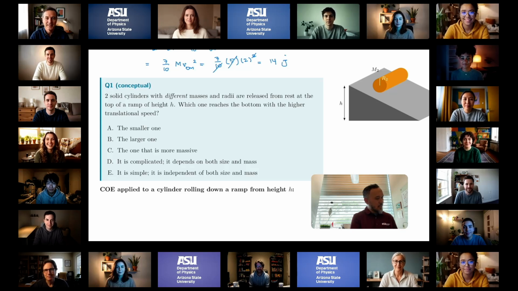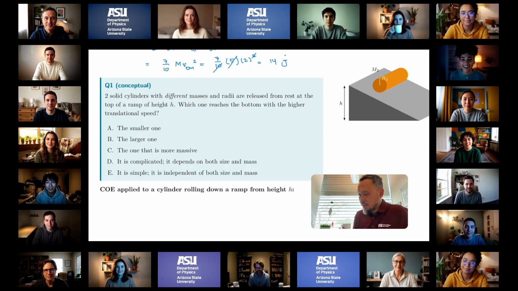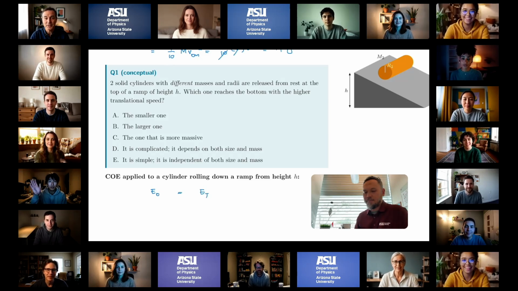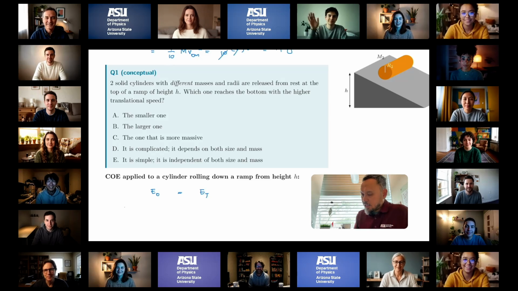We can use center of mass. We can use conservation of energy. Basically, conservation of energy says that the initial energy equals the final energy. The initial energy is just the gravitational potential energy.